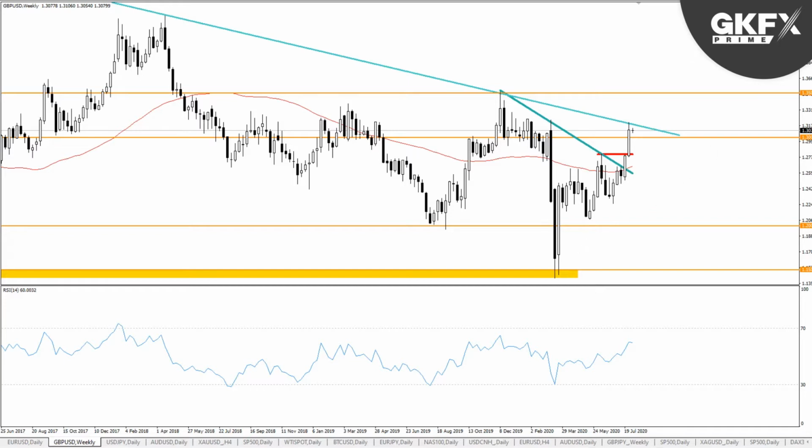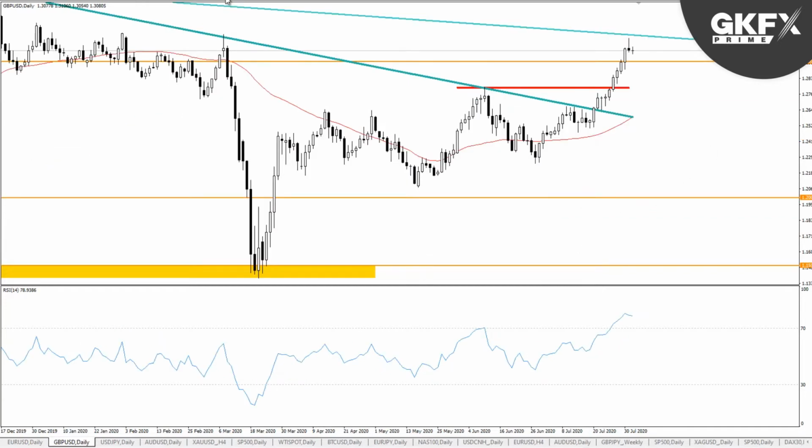So yeah, happy times for the pound, but a similar situation in terms of the euro, where we have run into that big long-term trend line, and we've put in a shooting star reversal pattern at the top, which potentially turns into an evening star depending on what happens today.